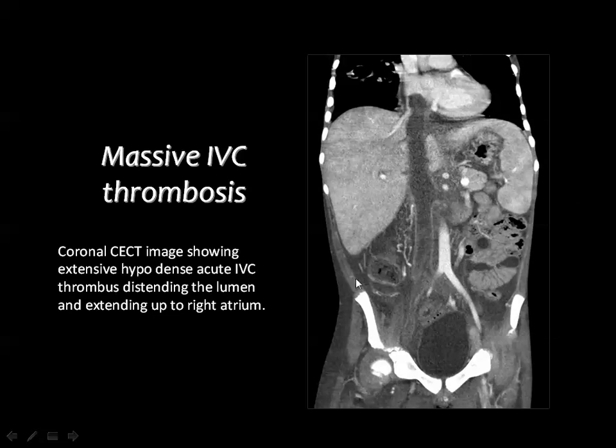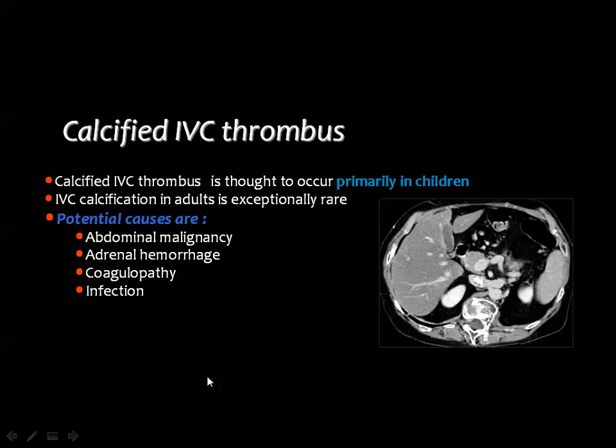Another example of extensive inferior vena cava thrombosis, you see the lumen is not expanding and the thrombus is not enhancing. Sometimes you can see calcification of a thrombus present in the inferior vena cava, and this may be seen primarily in children.